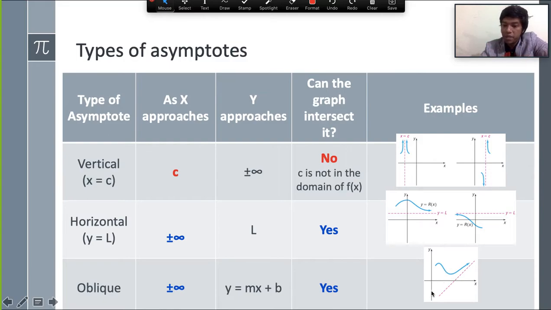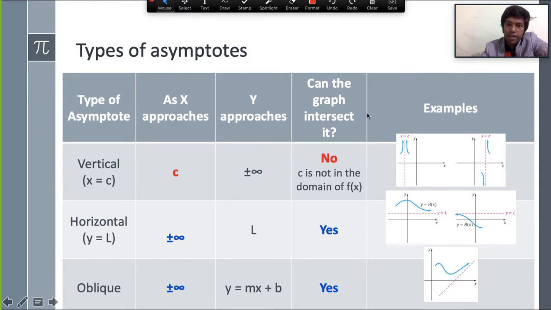This line is the oblique asymptote. Oblique means it is not horizontal and not vertical. So what happens if the line is in between horizontal and vertical? Then that will be called oblique.